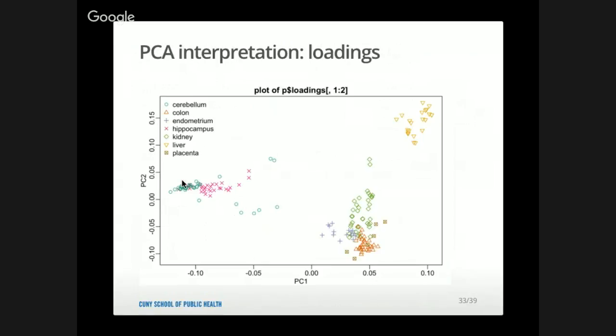So in this enormous dimension reduction from 22,000 variables down to 2, we can actually see some pretty interpretable differences here. So we've got one block quite distinct here. These are the liver samples. They have consistently different expression patterns than all of the other tissue types.